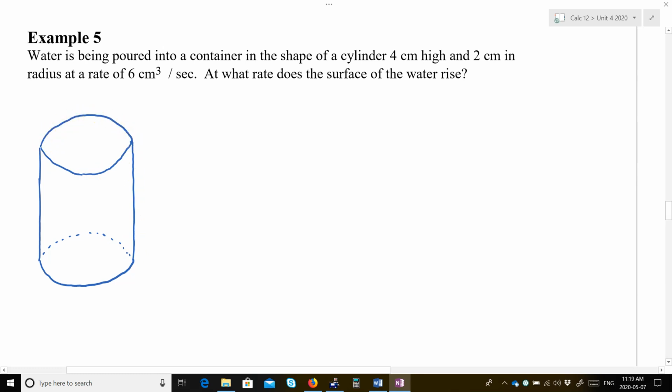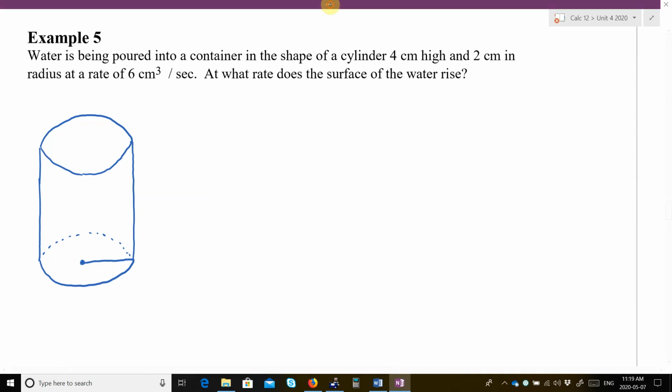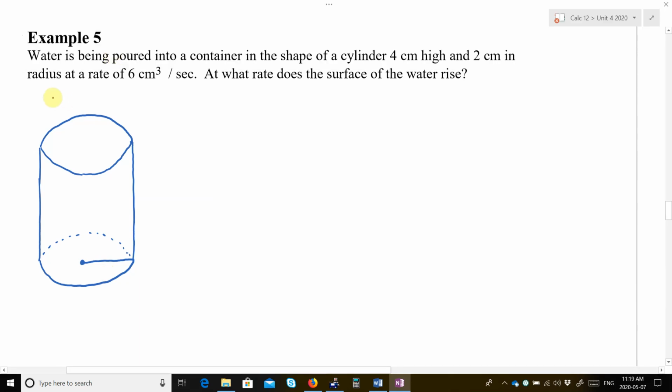Okay, we have a nice cylinder here. And water is being poured in like this. And let's just say that it's got a certain amount of water in here.